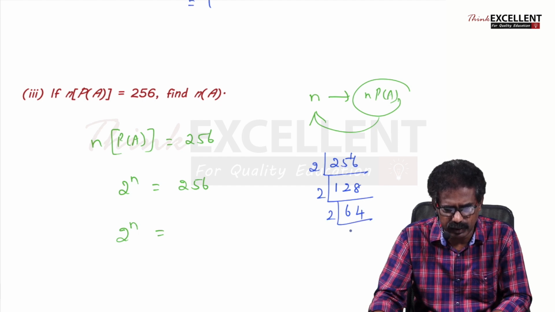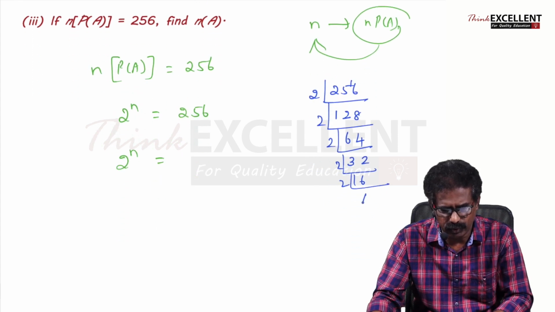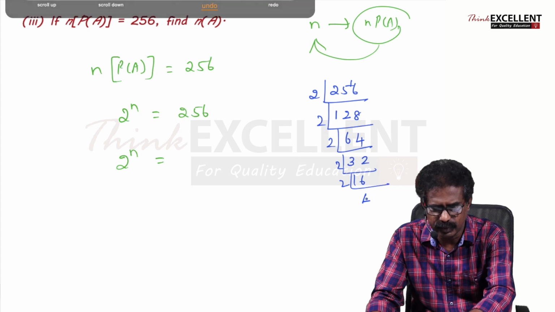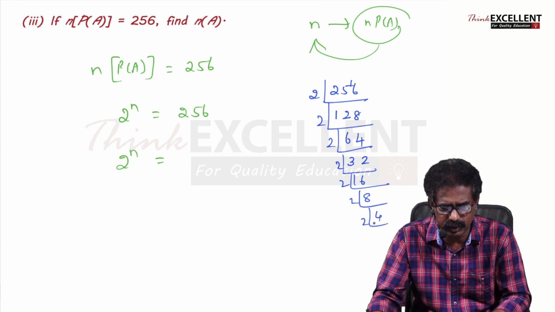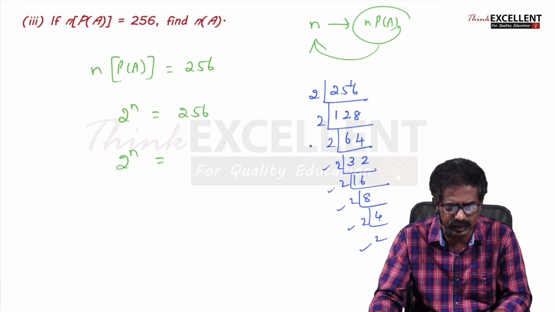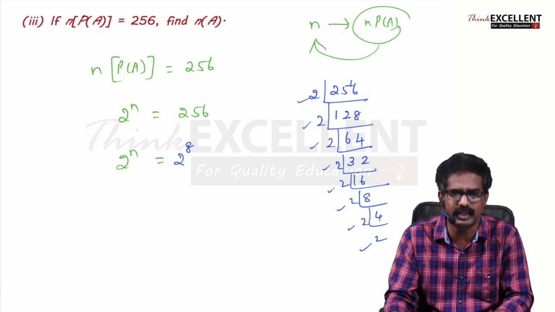Again 2 table, 32. Again 2 table, 16. Again 2 table, 8. Again 2 table, 4. Again 2 table, 2. How many do you count from here? 1, 2, 3, 4, 5, 6, 7, 8. So 256 is 2 raised to 8.